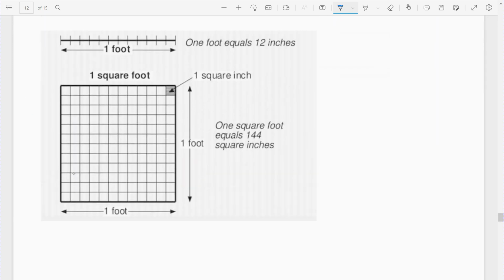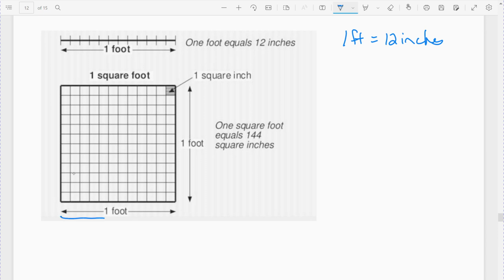So an example would be, suppose we want to convert a square foot to square inches, or vice versa. Well, you've got to keep in mind that 1 foot equals 12 inches. And so when we have a square foot, there's two sides of that. Each side is a foot.